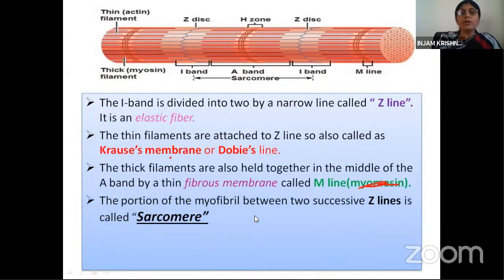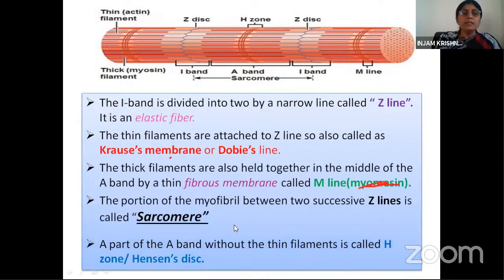The portion of the myofibril between two successive Z lines is called a sarcomere. One new word is there, sarcomere. See, this is one Z line, this blue zigzag line. It is the other Z line. In between these two successive Z lines, side by side, the portion of the myofibril is called a sarcomere.